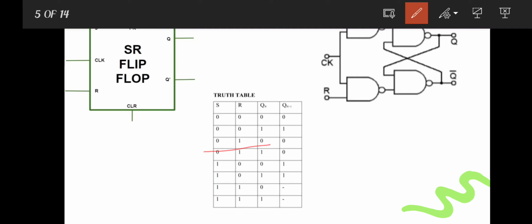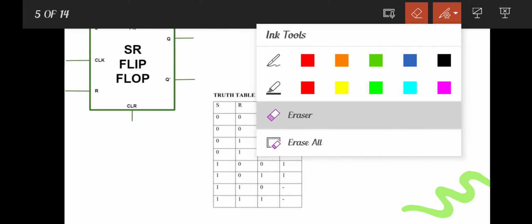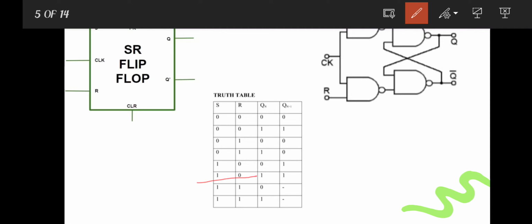Similarly, at the rising edge, if S is 1 and R is equal to 0, then the flip-flop will get set. That means in that case, irrespective of the present state of the flip-flop, the next state will be equal to 1.